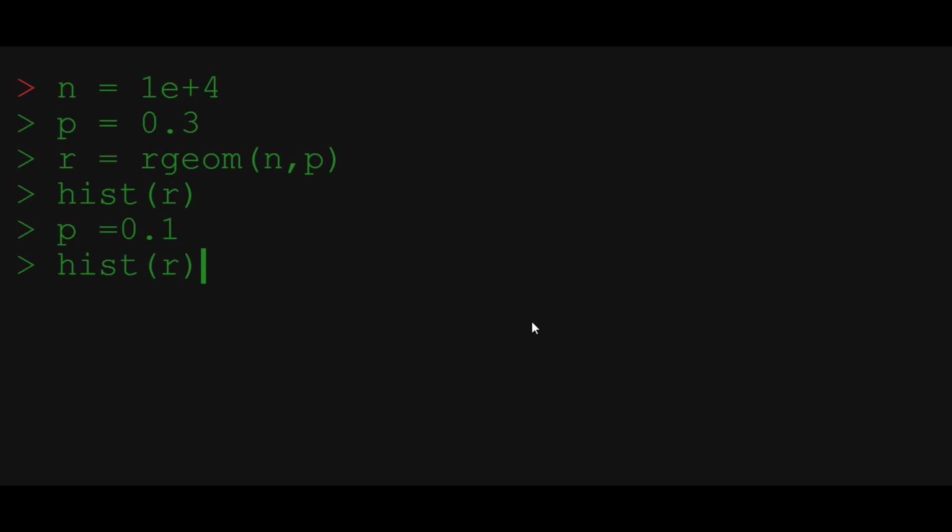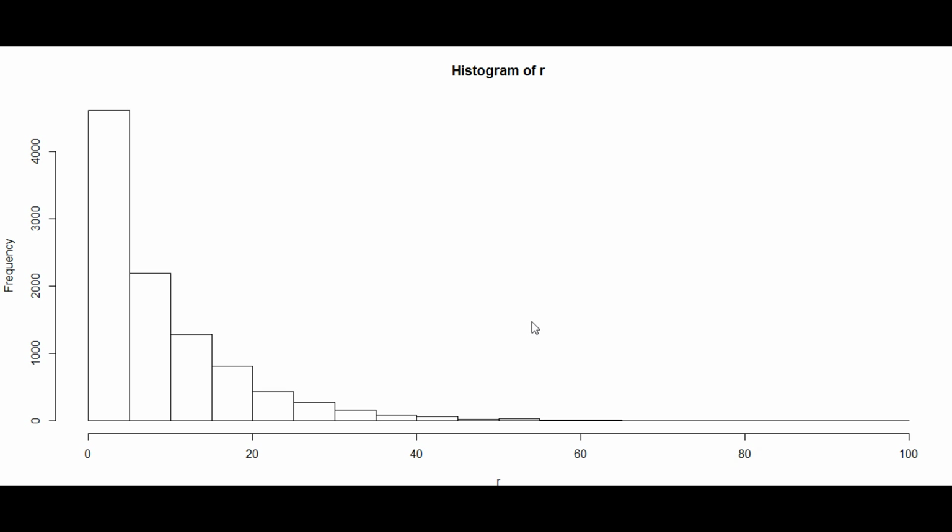Let's regenerate the sample and look at the histogram. We see that the histogram looks similar, with the exponential decrease. However, the scale is different. This time it goes up to 100, whereas previously we only had 30.